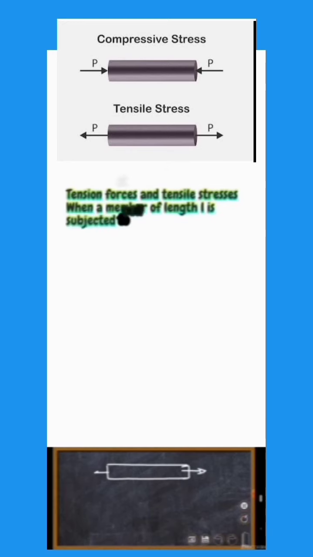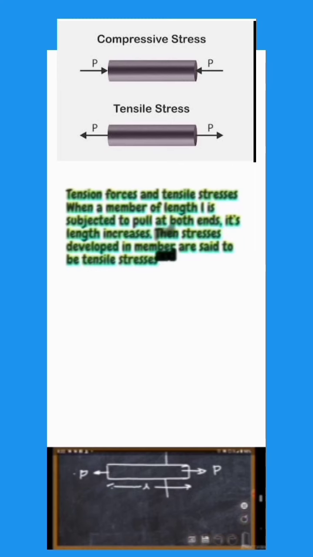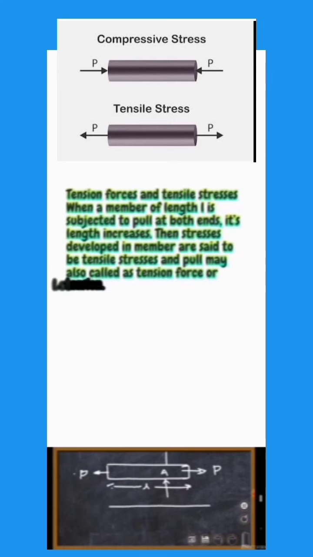Tension forces and tensile stresses. When a member of length L is subjected to pull at both ends, its length increases. Then stresses developed in member are said to be tensile stresses. And pull may also be called tension force or tension.